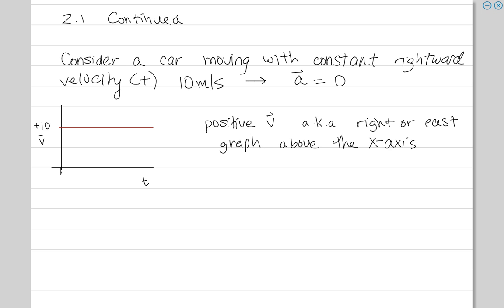So there's your VT graph. And if you plotted, at 1 second, or at 2 seconds, or at 3 seconds, you would always have the same velocity. You're moving at a constant speed.